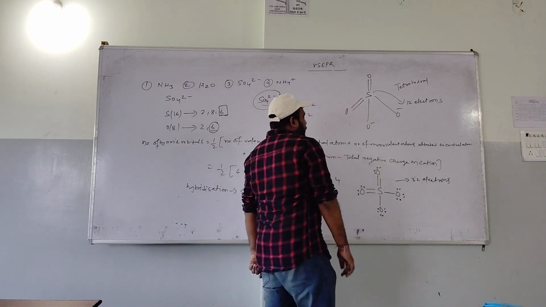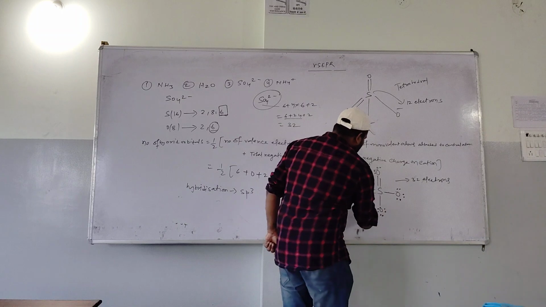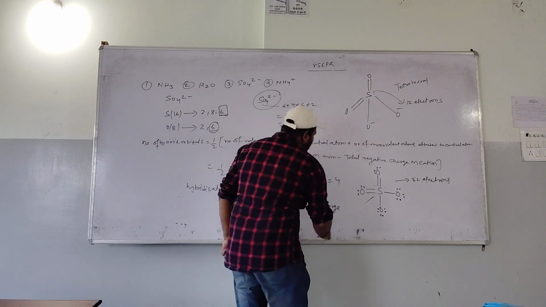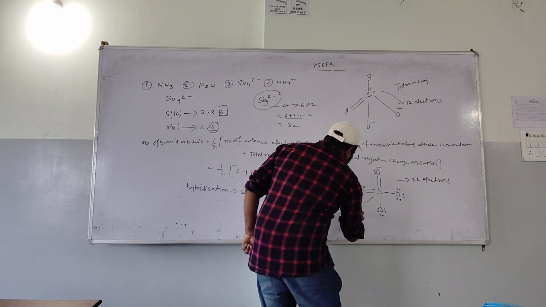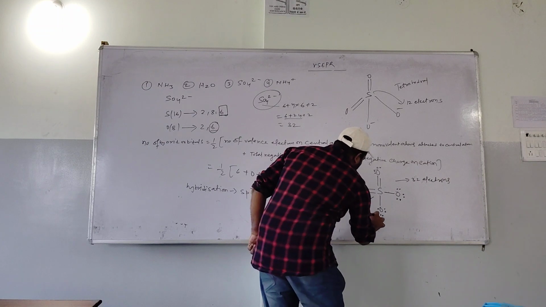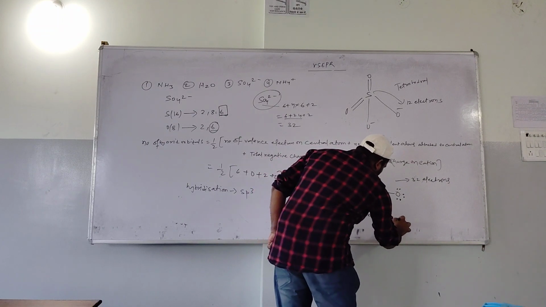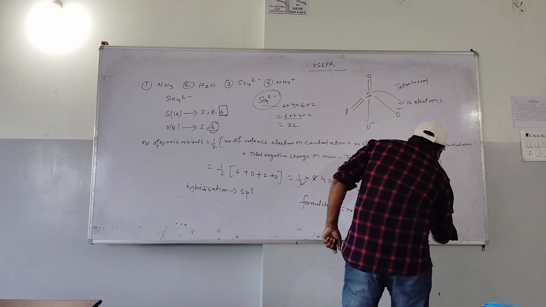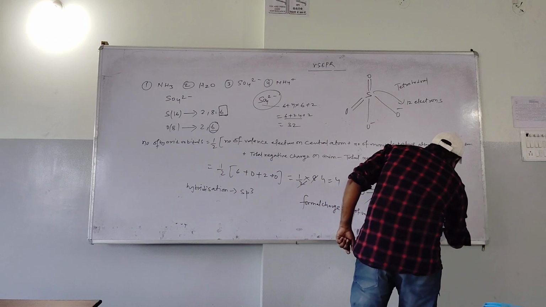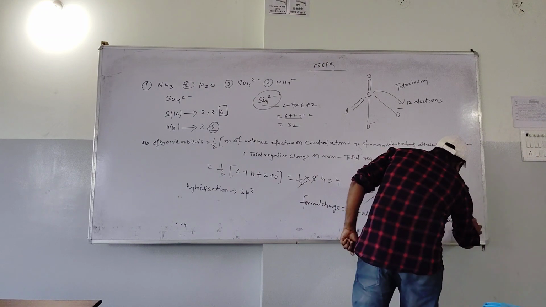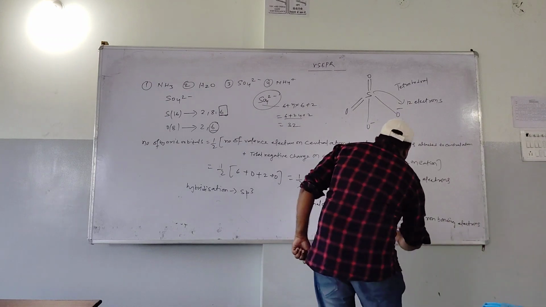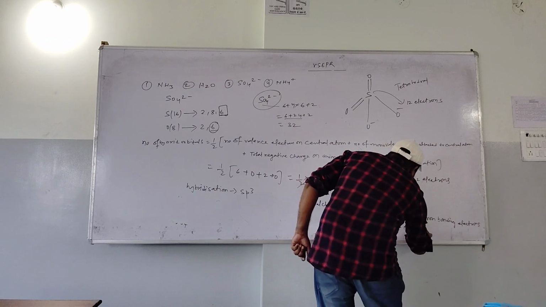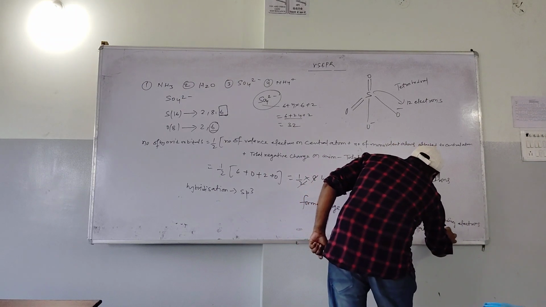Okay, if you talk about the formal charge, what is the formula of formal charge? It is number of valence electrons minus number of non-bonding electrons minus 1/2 number of bonding electrons.